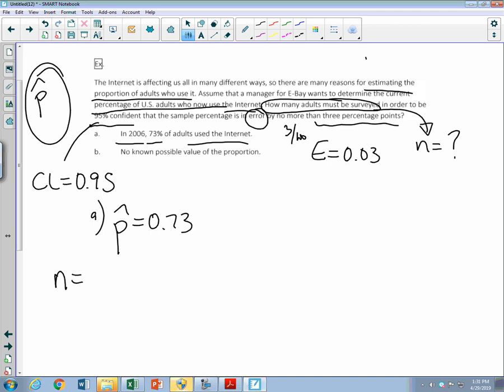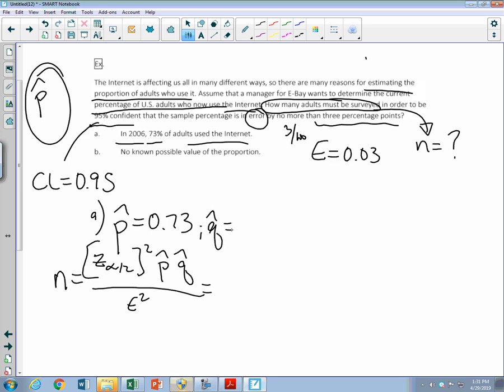So remember, N is equal to the critical value squared times p-hat times q-hat all over the margin of error squared. Now if p-hat is 0.73, that means that q-hat is 1 minus that, or the complement, which is 0.27.